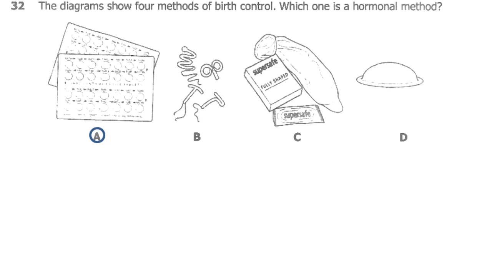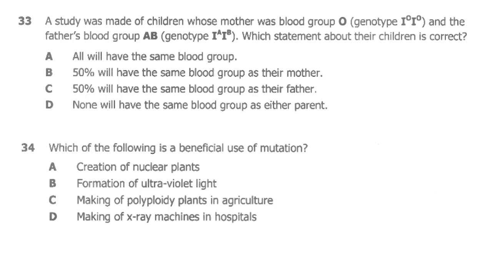Question number 33. A study was made of children whose mother was blood group O, genotype OO, and the father was blood group AB, genotype AB. Which statement about their children is correct? A. All will have the same blood group.